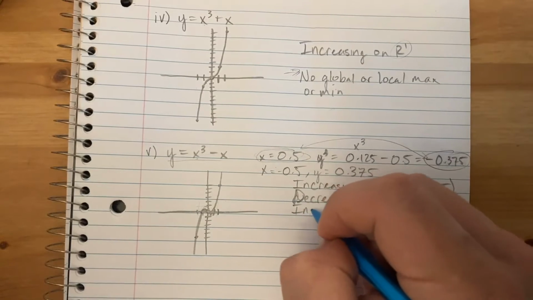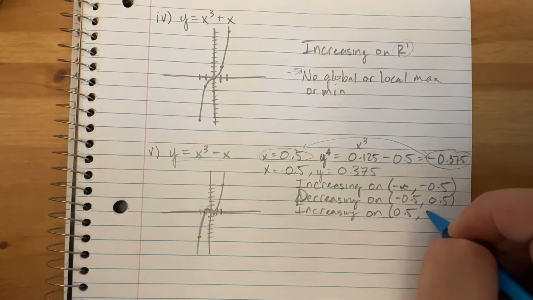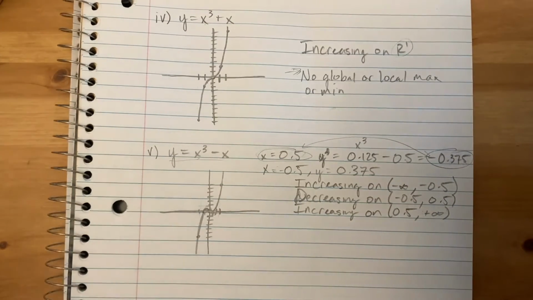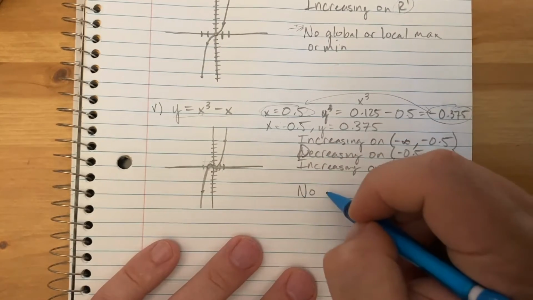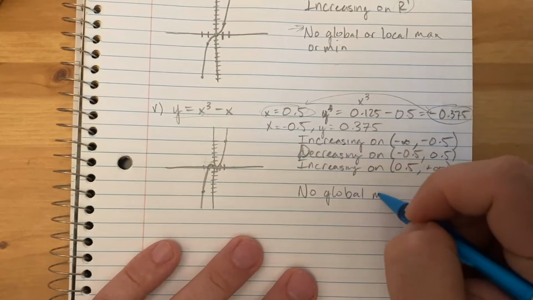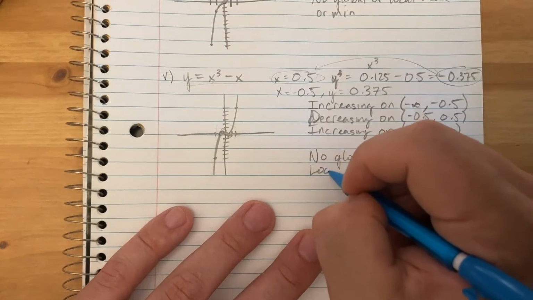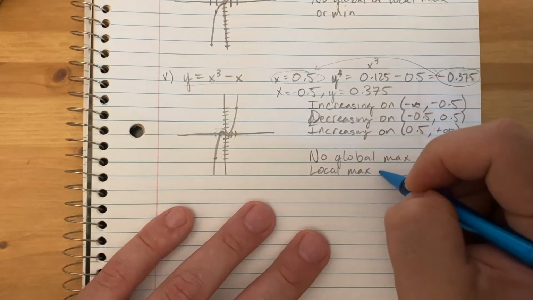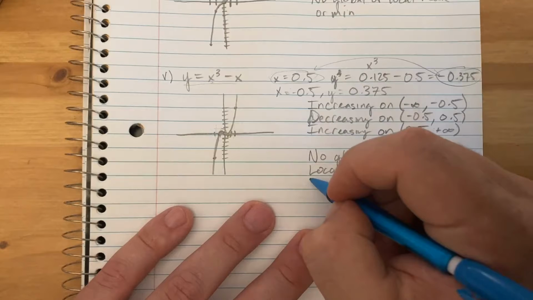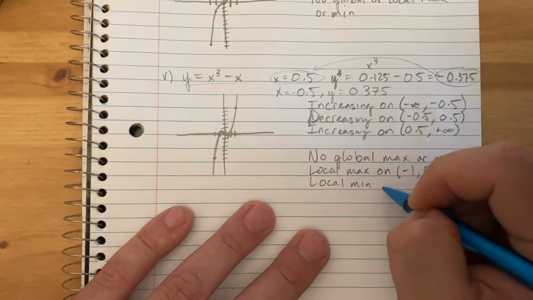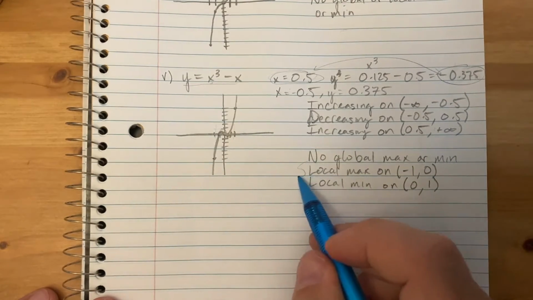And then it is again increasing on the interval 0.5 to positive infinity. And no global max or min, but there is a local max on the interval negative 1 to 0, and there's a local min somewhere on the interval 0 to positive 1. So that would be sufficient for this problem.